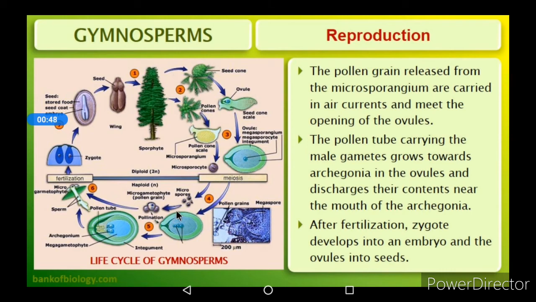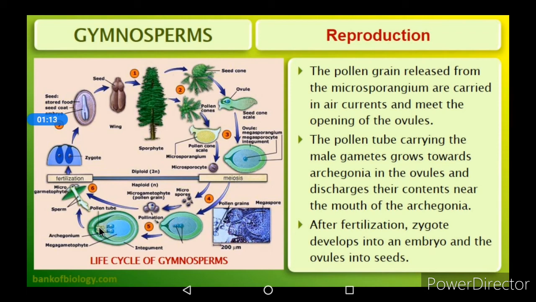So here they try to meet each other through pollination, that is the pollen grains from the male part will try to enter the female part. And we know that once pollen grains meet the female part, they develop a pollen tube to enter inside the female part, right?